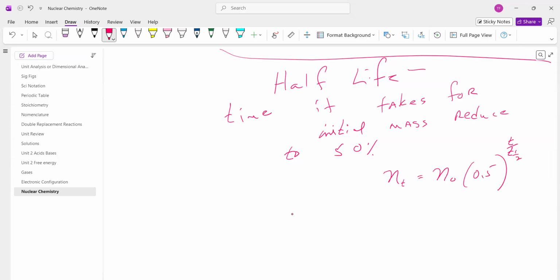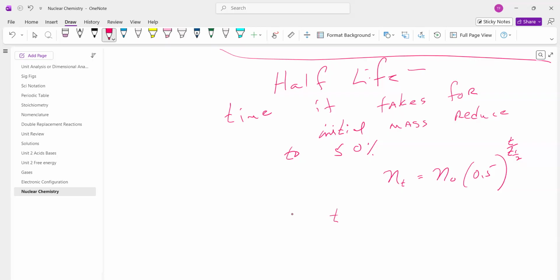You have the mass after a certain time period, n sub t, equals the initial mass, n sub 0, times 0.5 to the t over t sub 1/2.